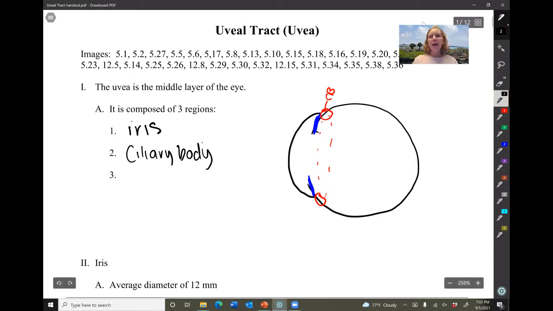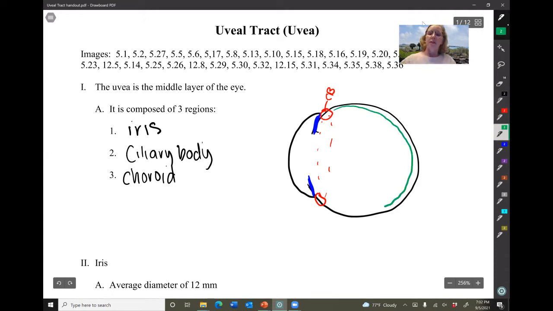The final area of the uvea is our choroid, and that's what supplies our blood to the retina. So it starts at where the ciliary body ends and goes all the way around the posterior portion of the eye.